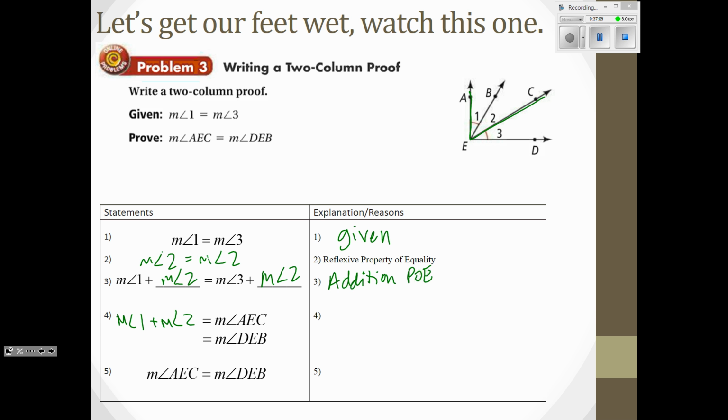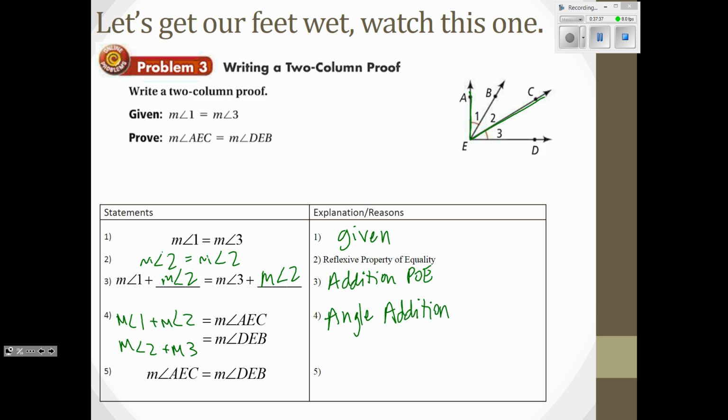The measure of angle 2 plus the measure of angle 3 is equal to the measure of angle DEB. Which property am I using here? The angle addition postulate, because I've added two angles together to make a bigger angle.